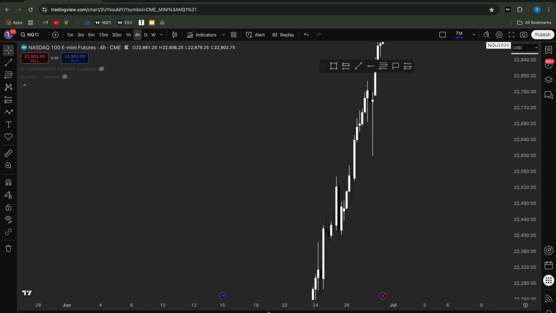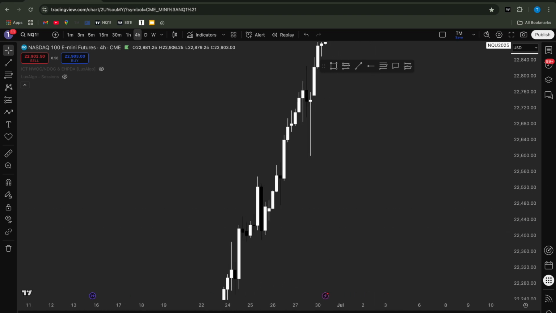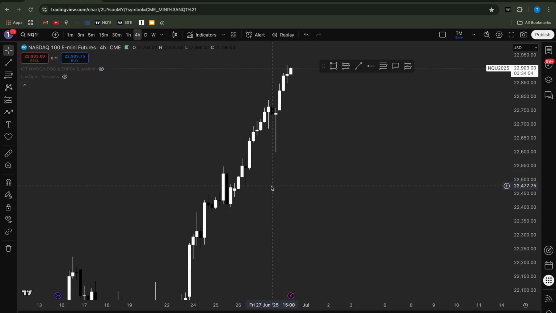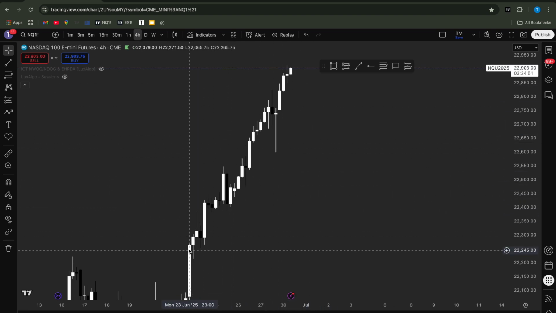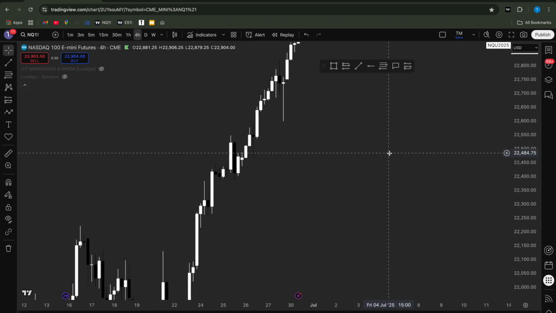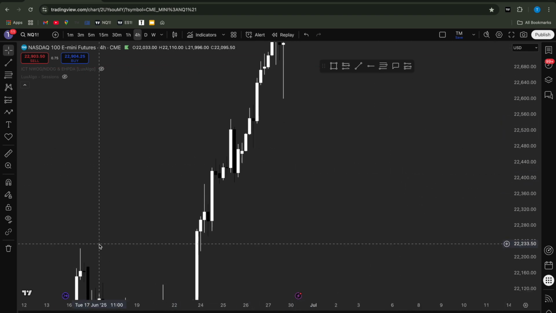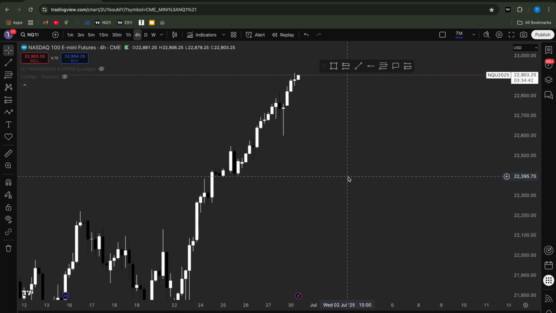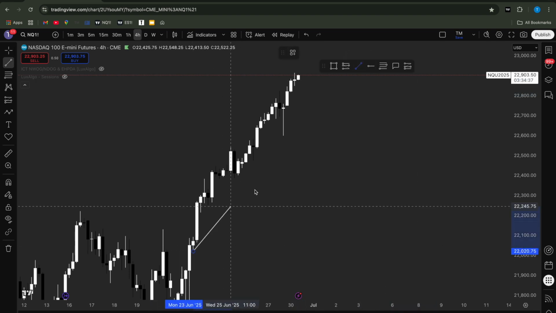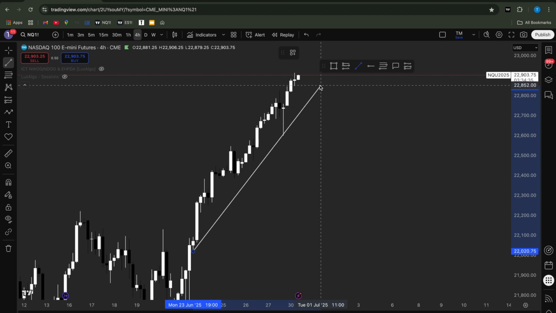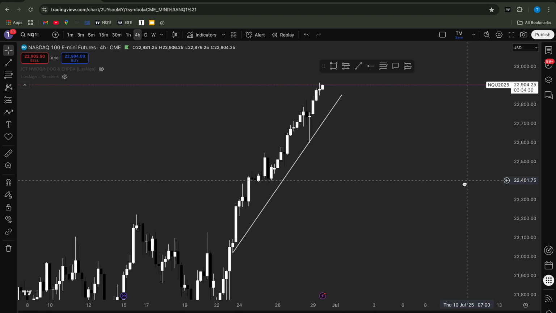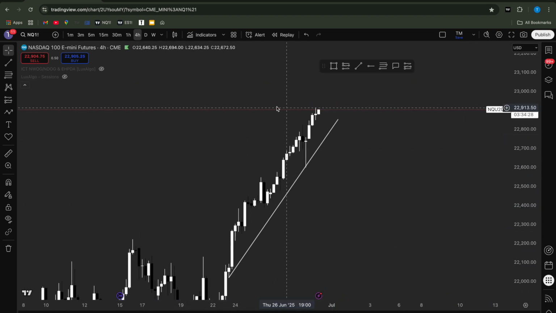Right, so on the 4 hour, can you guess what type of trend we're in? Fairly obvious. It's a bullish uptrend, because the lows are being respected. This has been a very, very sharp bullish trend. It might be better to do it on a different time frame, but price is just moving up.